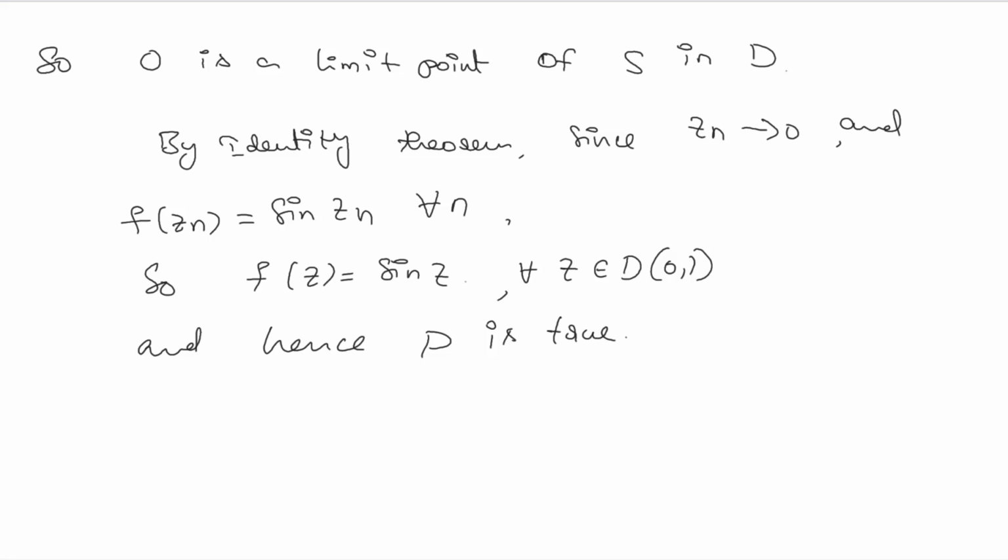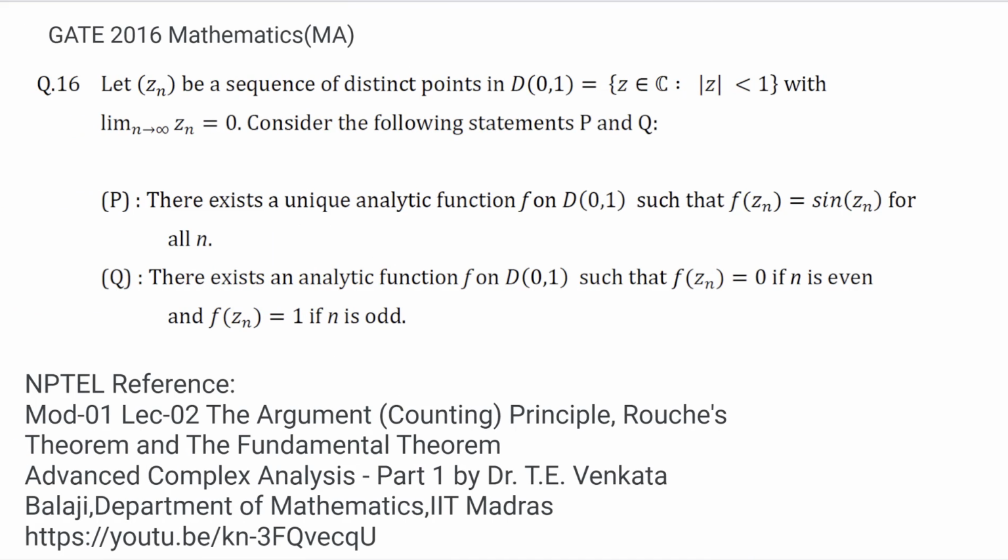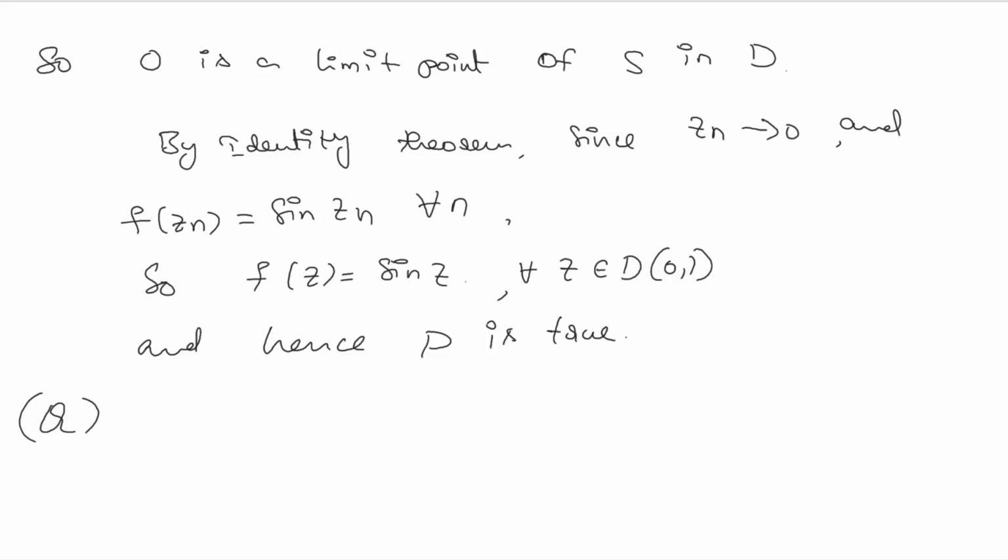Coming to statement Q, it is given that there exists an analytic function f on D(0,1) such that f(Zn) = 0 if n is even, and f(Zn) = 1 if n is odd. Firstly, let me assume the statement is true.